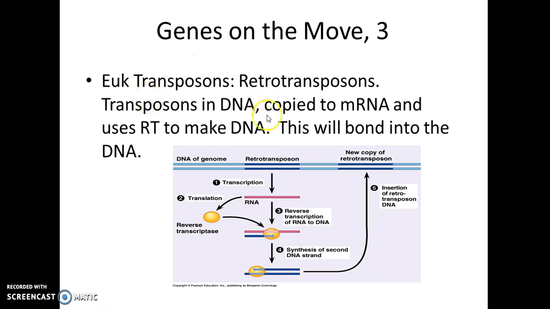So we have a retrotransposon. It's transcribed into RNA. Reverse transcriptase makes DNA out of it, and then it will insert somewhere else into your DNA. And when it inserts into your DNA, it's bad because it can insert itself into functional genes and cause mutations. So with eukaryotic transposons, nothing good can come from these things. Nothing.